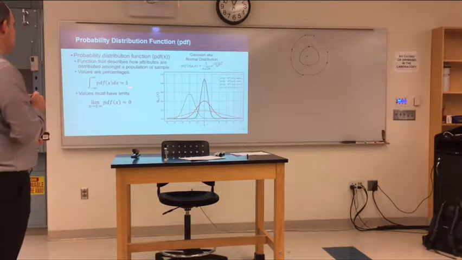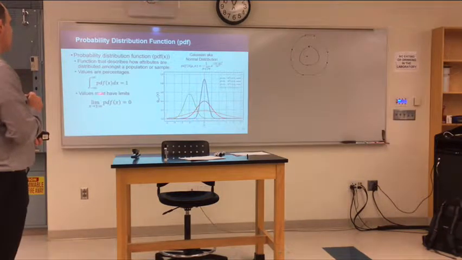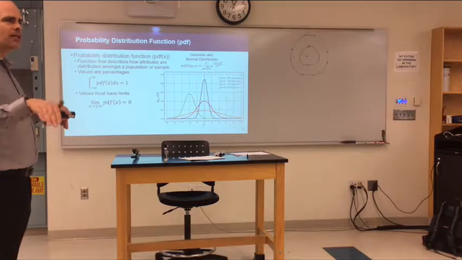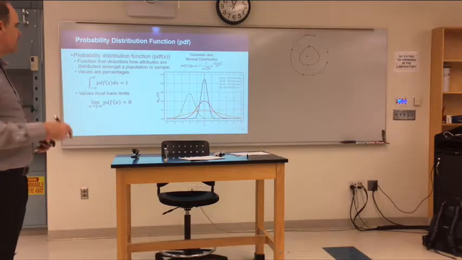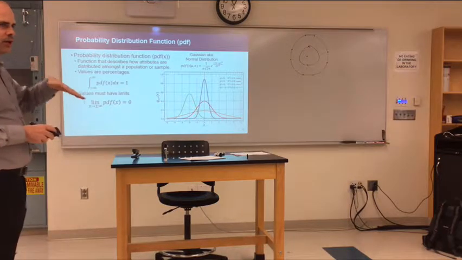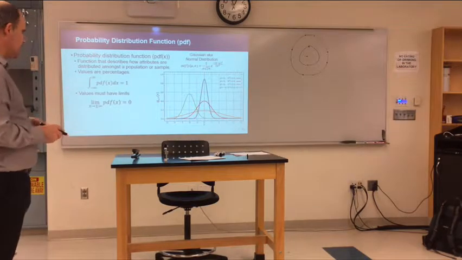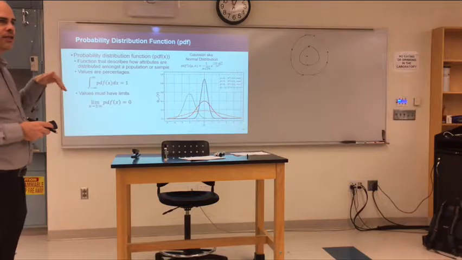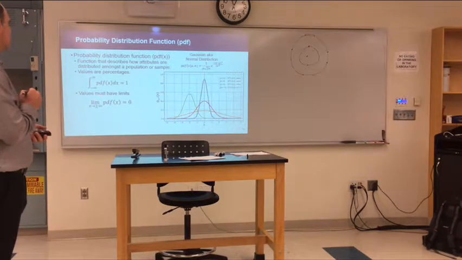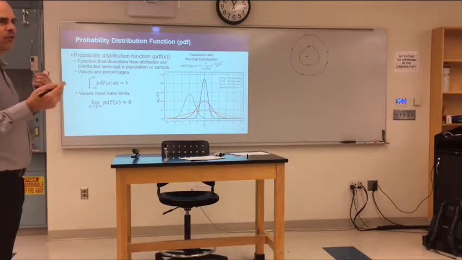And then because it has to be 1 here, we also have a criteria that the limits at plus and minus infinity, it has to go to 0. If it doesn't go to 0 at infinity, then this first one can't be the case. Right? It has to go down and start approaching the axes as you go to infinity, because if it drifts up, then taking the integral from negative infinity to infinity is going to give you infinity.